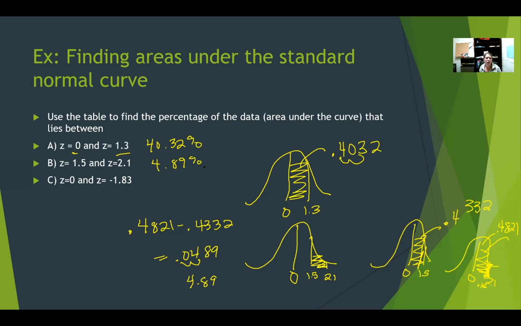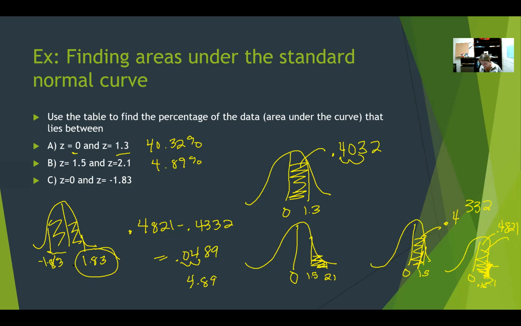Okay. And then the next one is the negative, okay? So that means we're going in this direction, negative 1.83, okay? And what we know about a normal distribution is that it's the same on each side. So if I can find the positive 1.83, then I know what the negative is, okay?